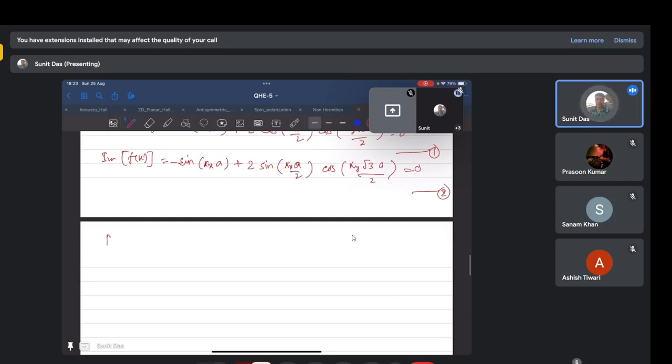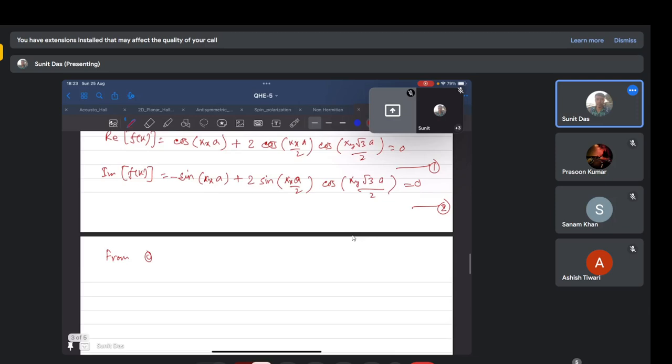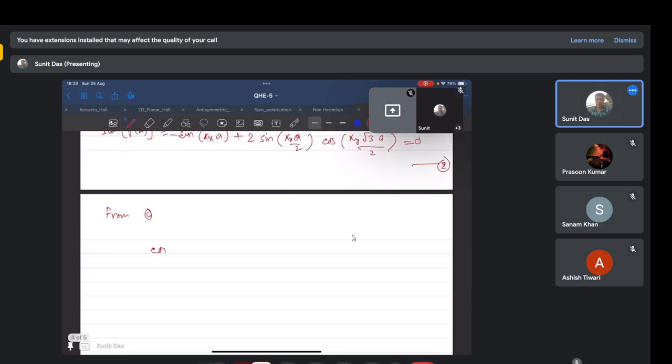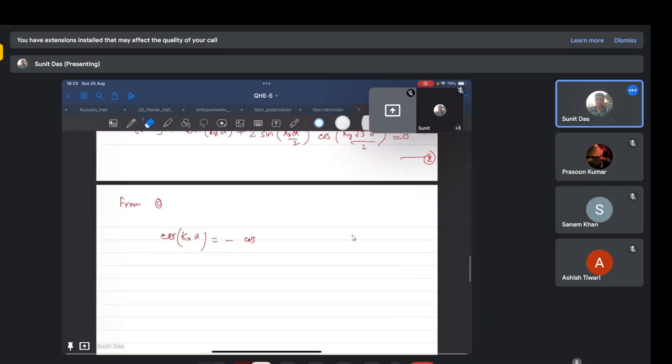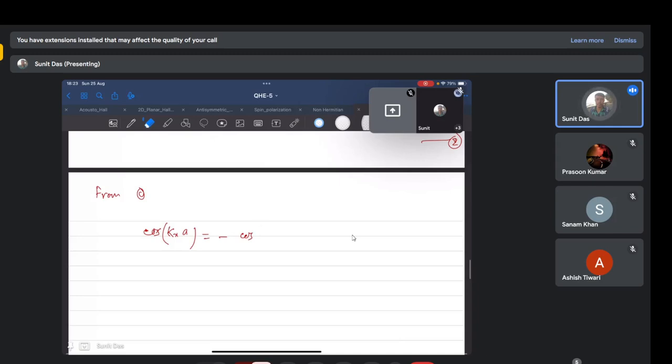So from equation 1, what we can get is that cos kxa by 2 equal to negative of, sorry, this was simply cos kx, and this was cos kxa by 2.